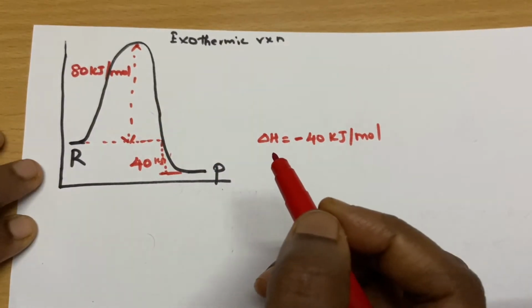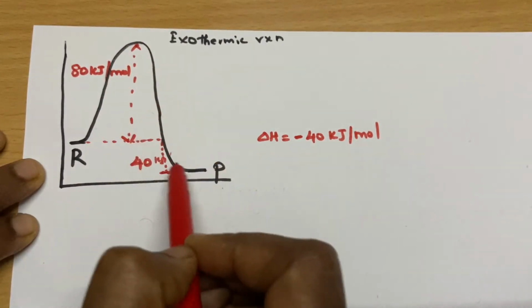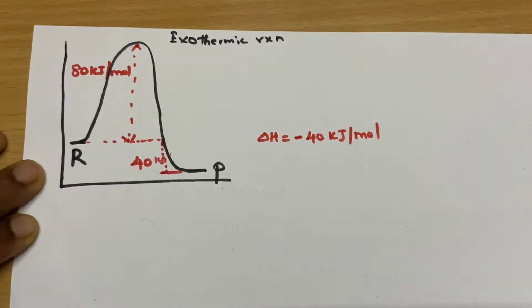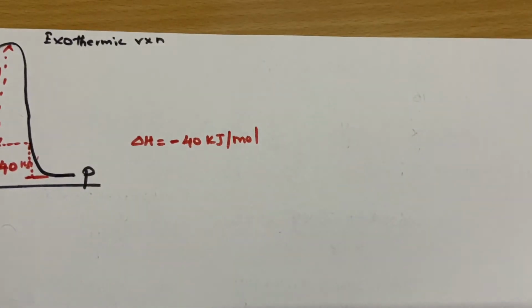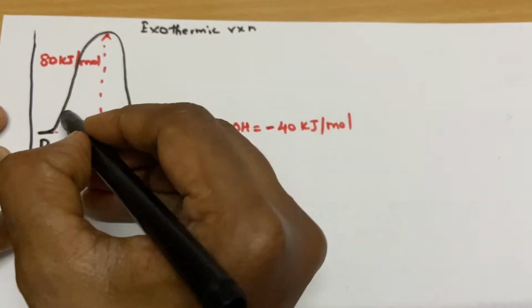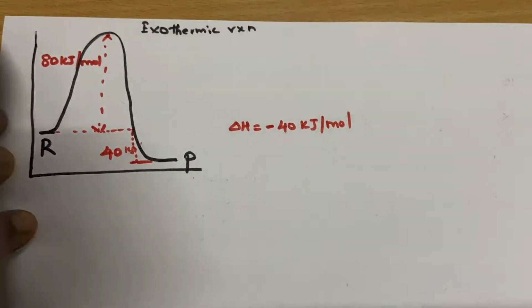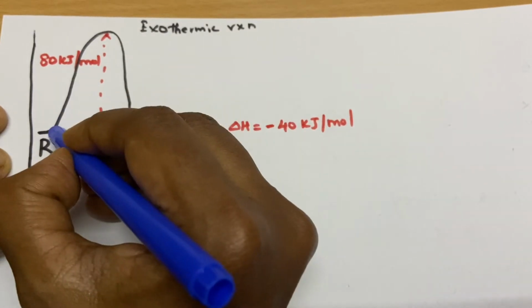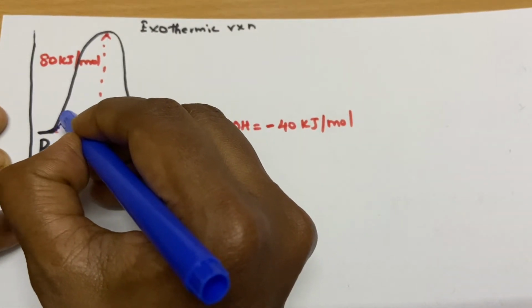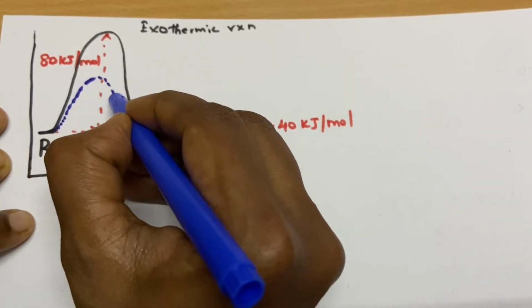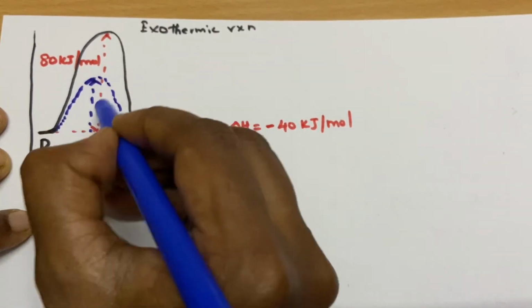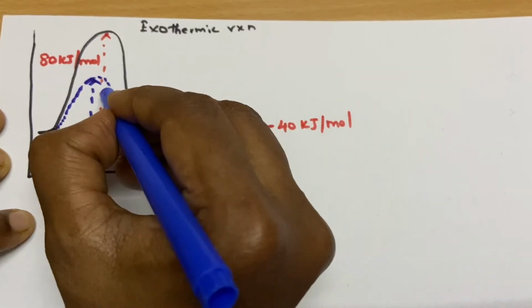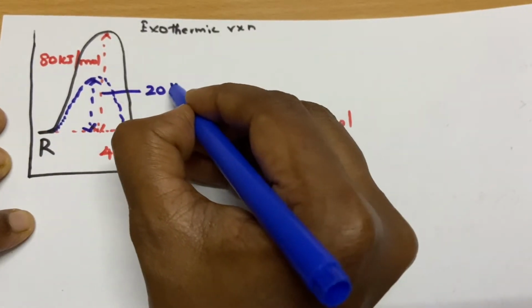So they are asking, okay, this is for the forward reaction. For the backward reaction, what is the energy of activation? And another scenario is that they add a catalyst. So when adding a catalyst, the energy of activation, this length, minimizes to 20 kilojoules per mole.